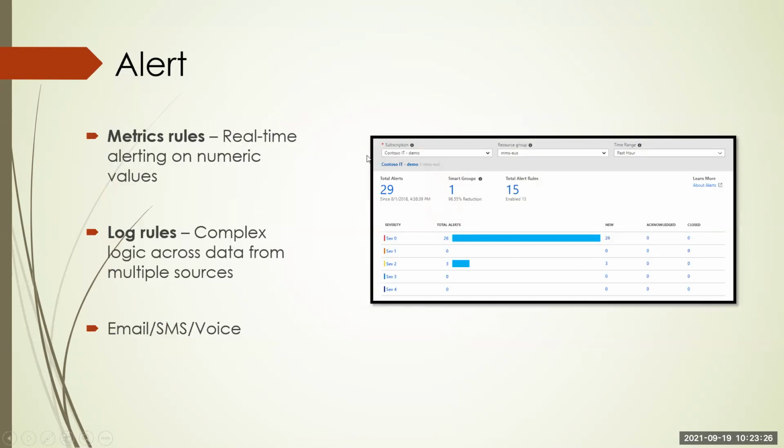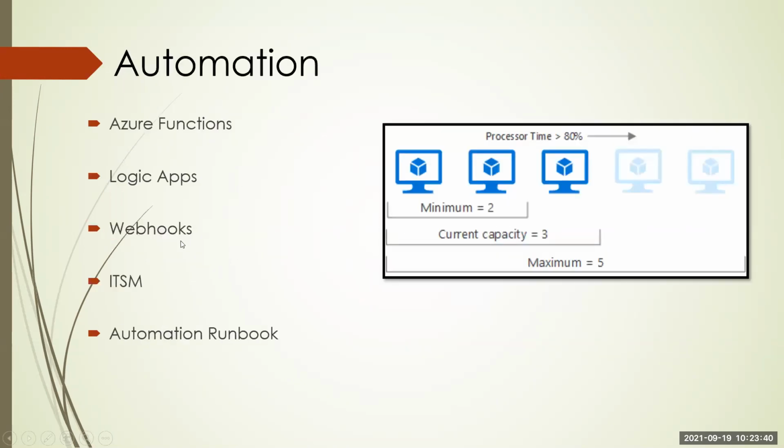So this is an example of alerts. On the metrics we can write, logs we can write, and anyway, email, SMS, voice, etc., we can send as an alert. Even, for example, we can invoke automation accounts for sure.